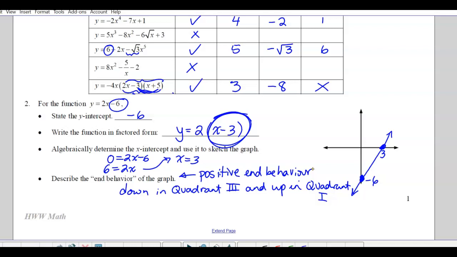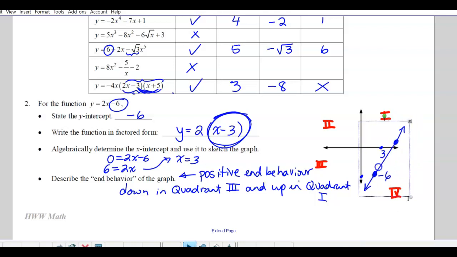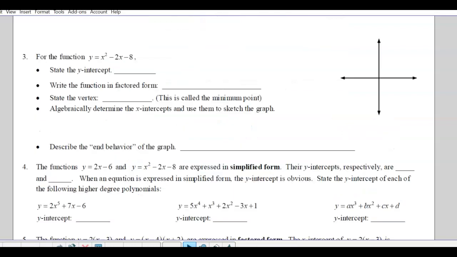So it's going down in quadrant 3. Let me label it in red here. Quadrant 3 is here, quadrant 2 is here, quadrant 1 is here. Down in quadrant 3, up in quadrant 1. Sometimes you're just going to be asked to describe the end behavior. All right, we'll go to the next step.